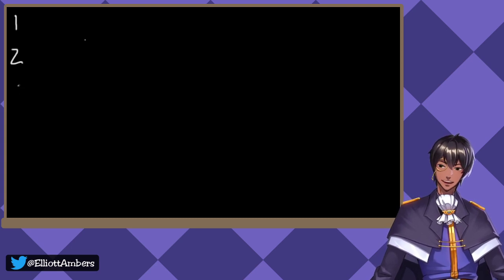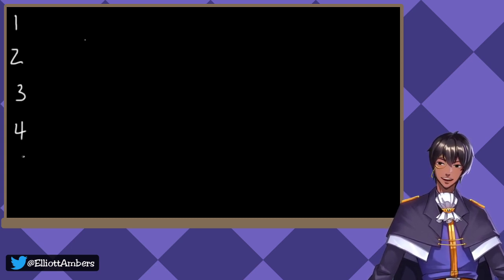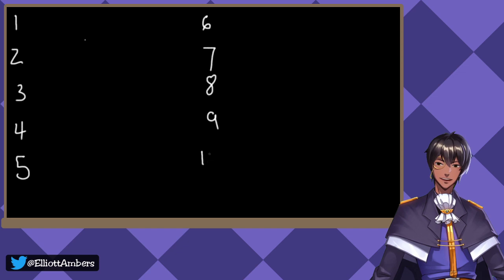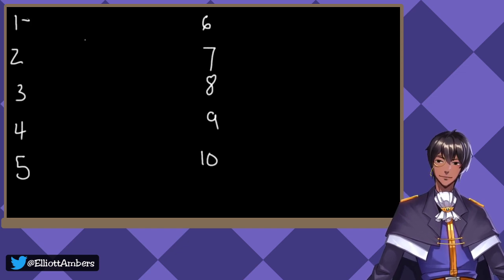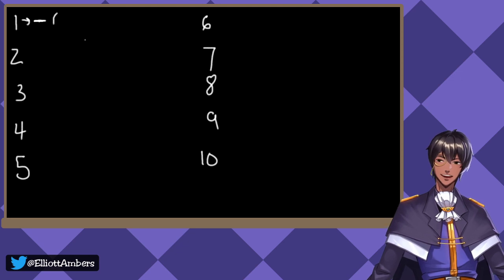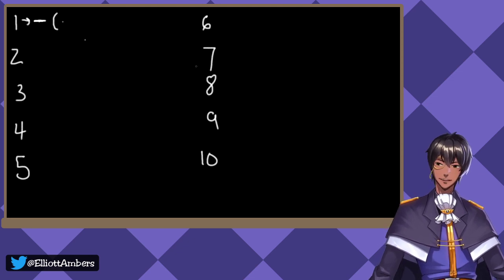Let me actually write out the numbers 1 through 10 first. 1, 2, 3, 4, 5, 6, 7, 8, 9, 10. 1 is Ichi. What am I doing?